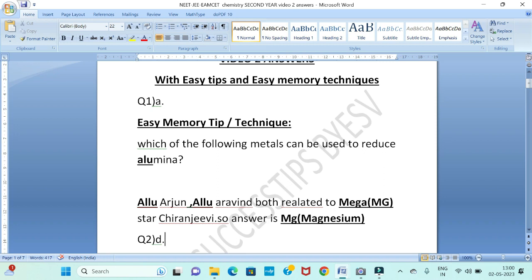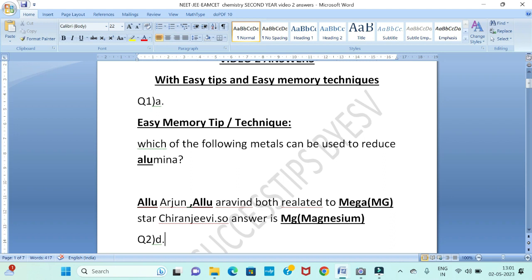Megastar Chiranjeevi married the sister of Allu Aravind, so both are related to Megastar Chiranjeevi. Mega means Mg. That Mg is magnesium. Like that you can remember alumina. To reduce alumina: Allu Arjun, Allu Aravind related to Megastar Chiranjeevi. Mega, Mg, so magnesium. Like that you can remember.